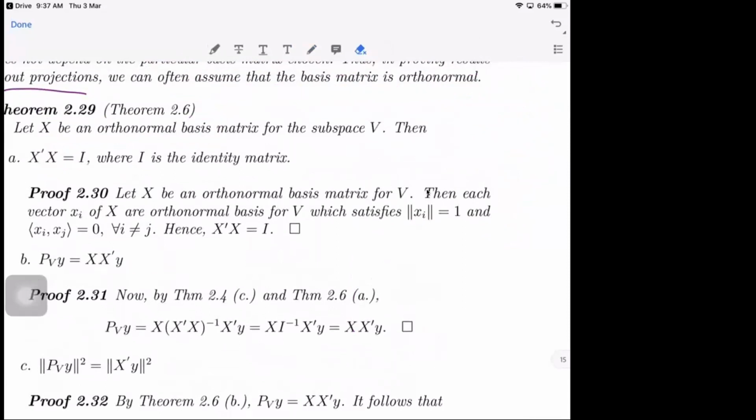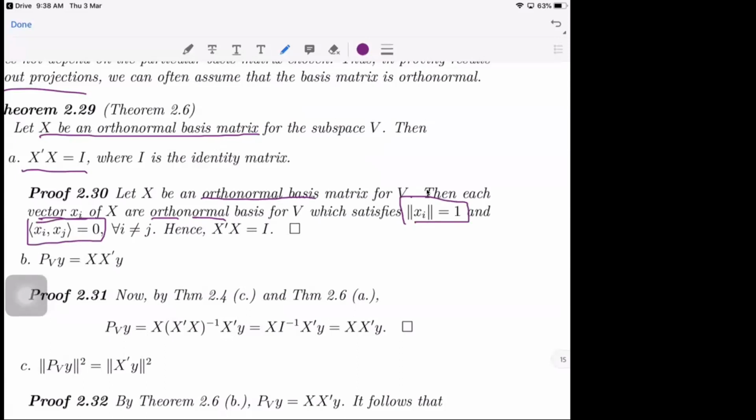So if X is an orthonormal basis matrix, this is the assumption, then our X prime X is just equal to the identity matrix. So if it is an orthonormal basis matrix, then for each of the vectors xi, ortho and normal, this is normal, correct? That is by definition, and this is being ortho.